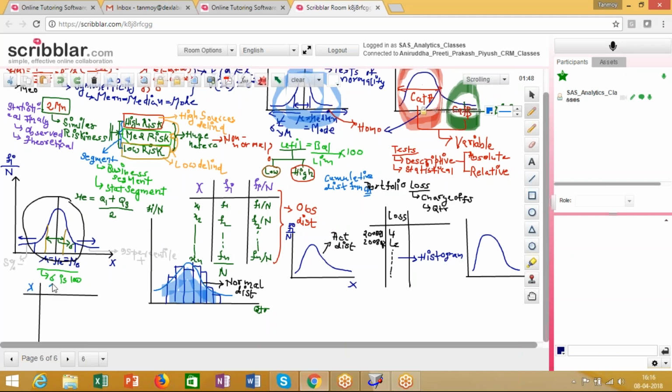There is Fi, right? Then there is Fi by n. This is where the relative frequency distribution comes in.